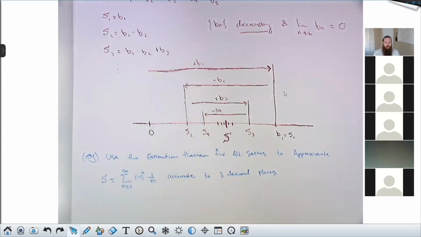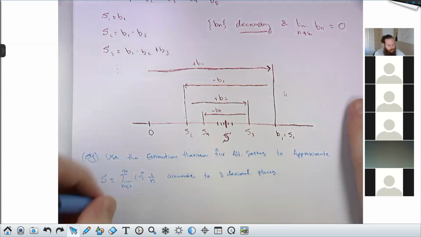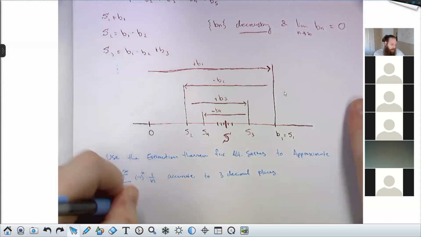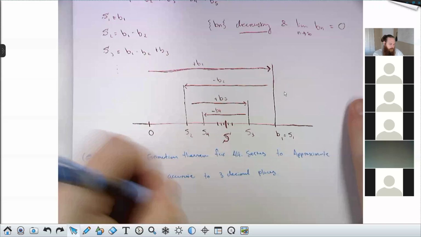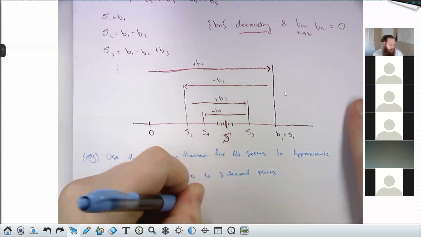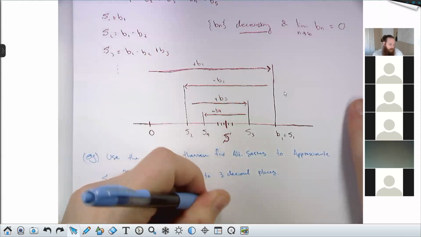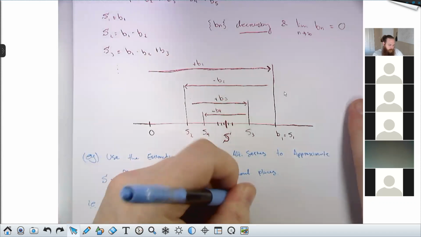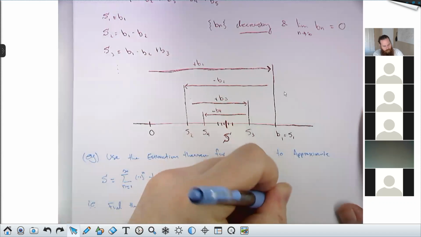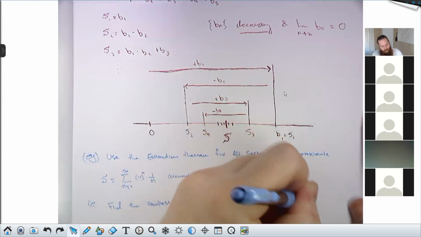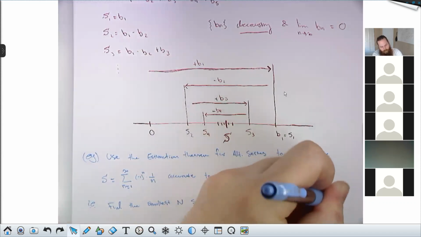If I want to approximate this series accurate to 3 decimal places, the idea here is to find, i.e., what we're trying to do, find the smallest n, smallest value of capital N, such that Sn is close to S, correct to 3 decimal places.